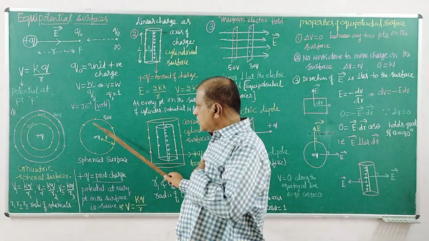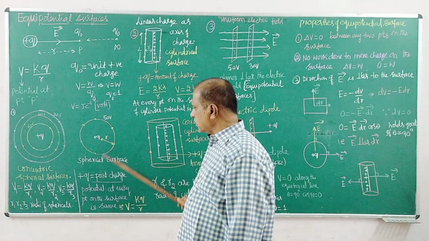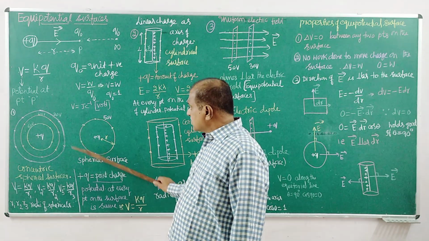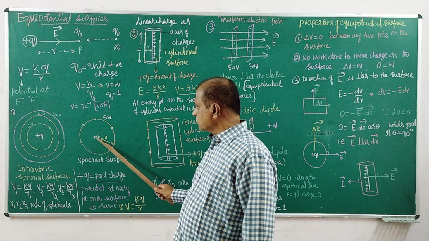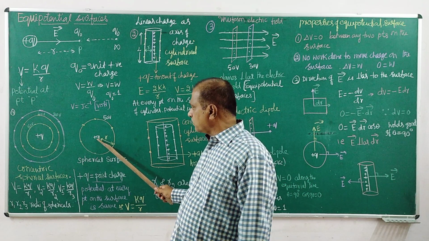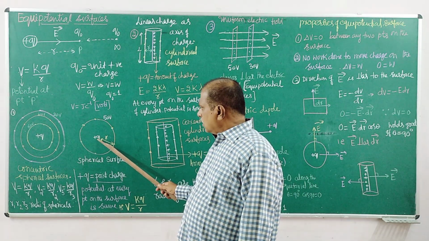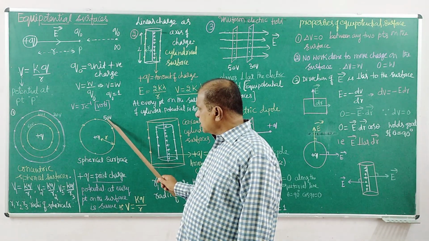It is just like looking at a circle, but it is a sphere. A 3-dimensional spherical surface about this point as the center, and this is the radius of the sphere.